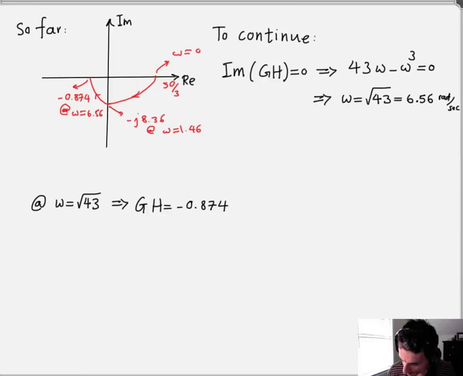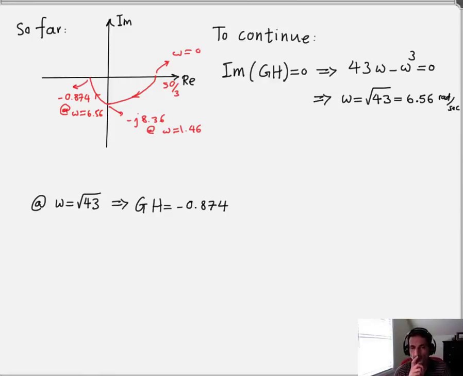Okay. So now we move from omega equal to 0 to here, then to here. And of course, I'm just going to continue showing you what happens with the rest of it. So far we have covered 3 things: omega equal to 0, when the real part is 0, and when the imaginary part is 0.